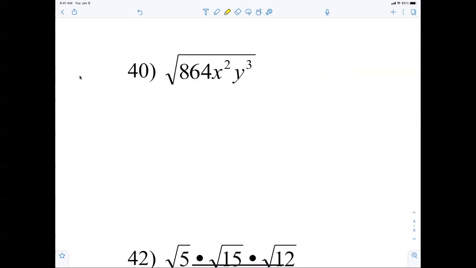Okay, so now, personally, I just see that 4 goes into all of those. So I would say 4 times 216. And then 4 goes into 216: 4 times 54.